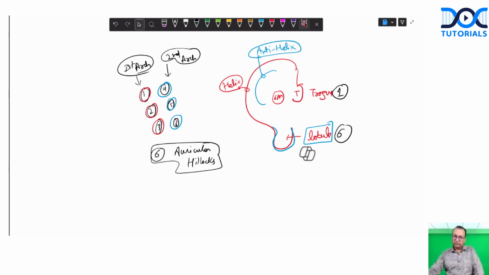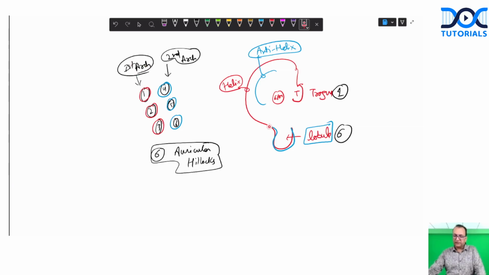So let me just tell. First arch red color, second arch blue color. The first auricular hillock of the first arch forms the tragus. And the second arch's last auricular hillock, sixth, forms the lobule. So what all does the first arch form?